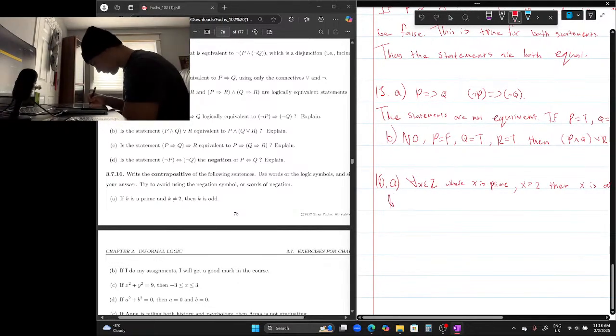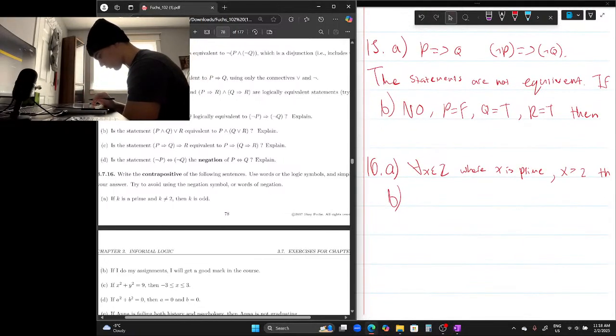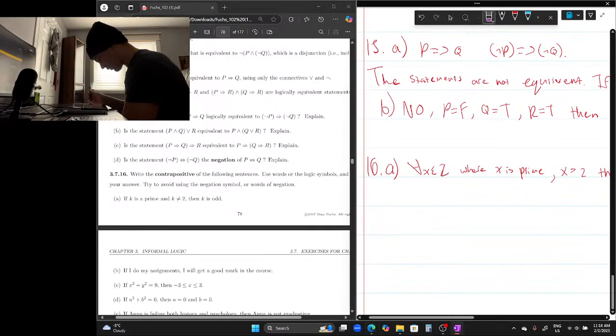I would think that's how you write that. I can check the solutions after, but it says use words or logic symbols.